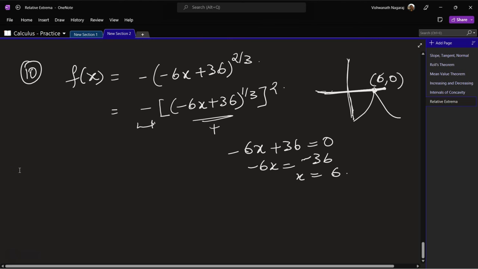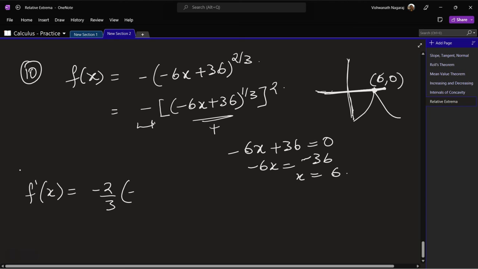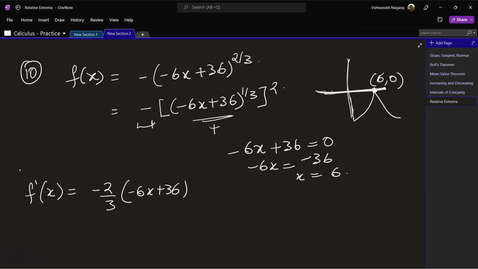Now many times what will happen is just following our derivative format, f prime of x. If we just follow this, we may not be in a position to figure out the answer. The reason being, let's see what happens if we do that. Minus 2 by 3 times minus 6x plus 36 to the power of 2 by 3 minus 1. That is 2 minus 3 by 3.